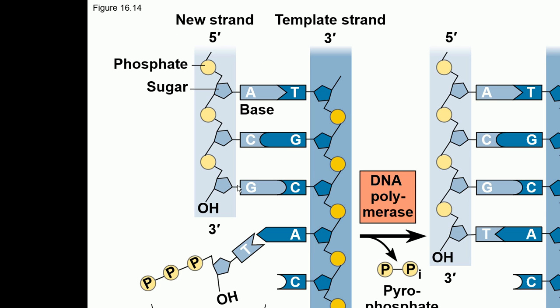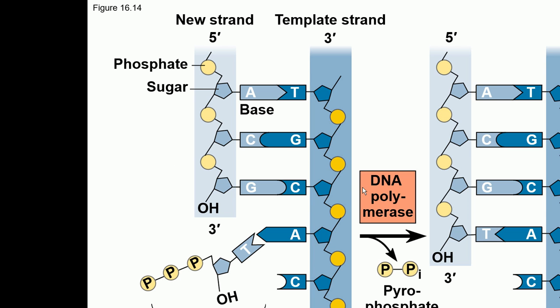So if it is A here, the function of DNA polymerase is to bring T, and these nucleotides have 3 phosphates with them. The function of DNA polymerase is to add the T to this strand, and for that it needs a free 3' end, where there is an OH group.